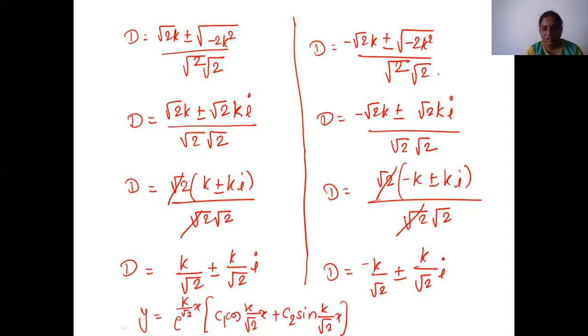This is done. Now for the other, plus e raised to minus k by root 2 x, in brackets, C3 cos k by root 2 x plus C4 sin beta x, where beta is k by root 2. Correct?